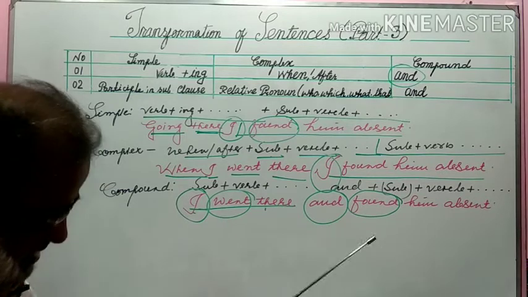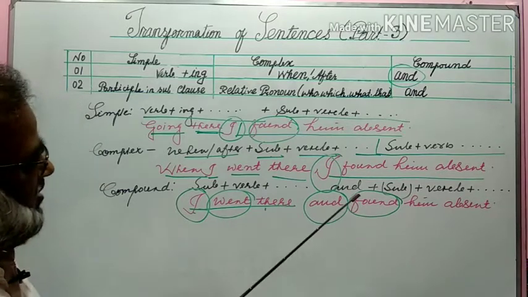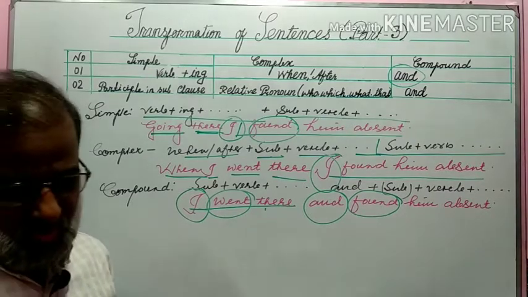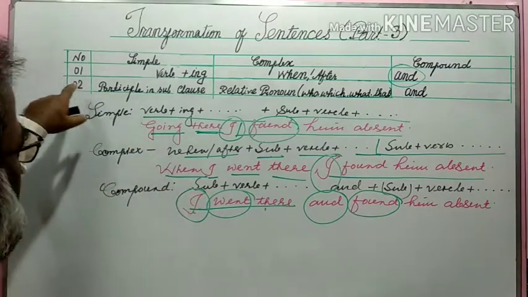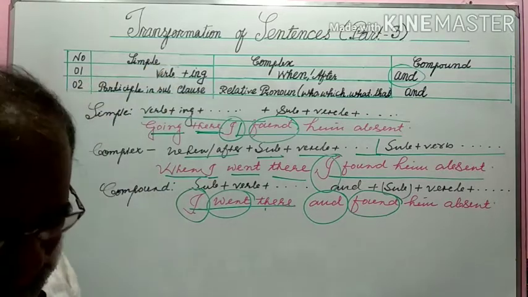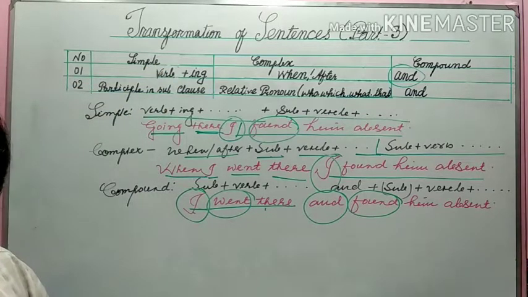This is the structures of rule number 1, simple, complex and compound.